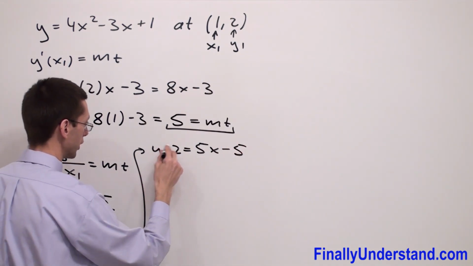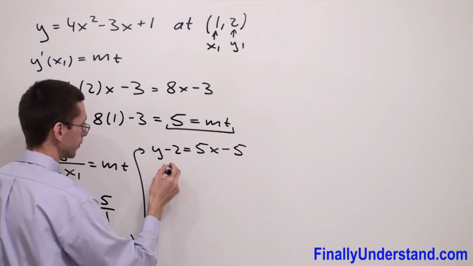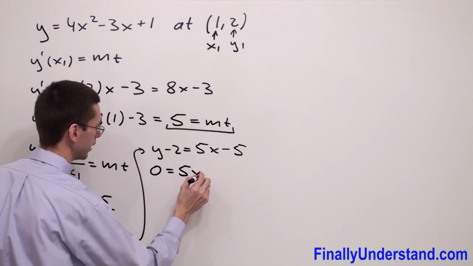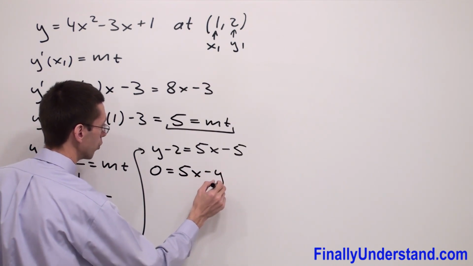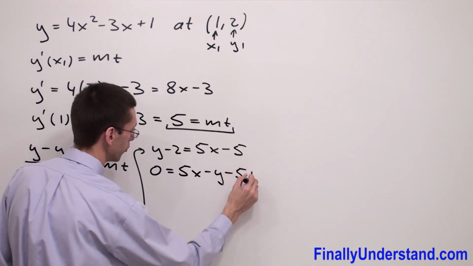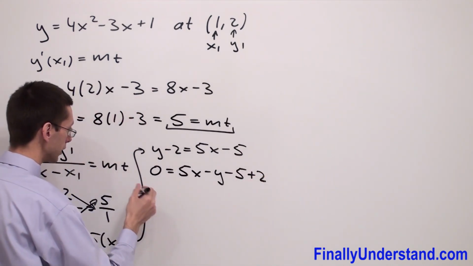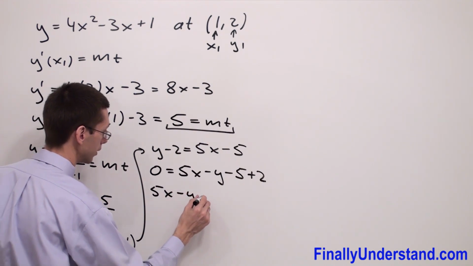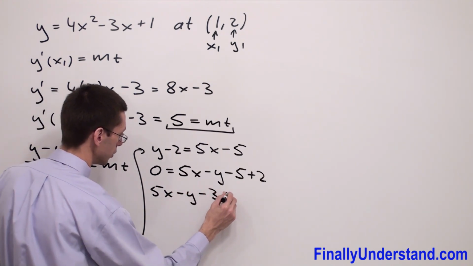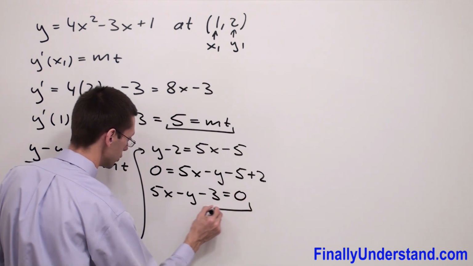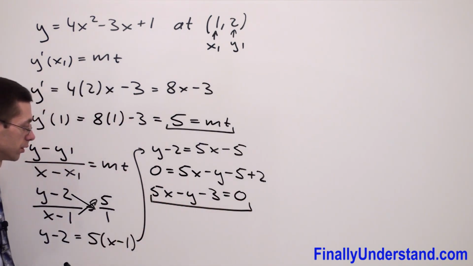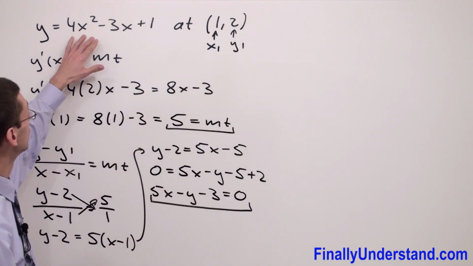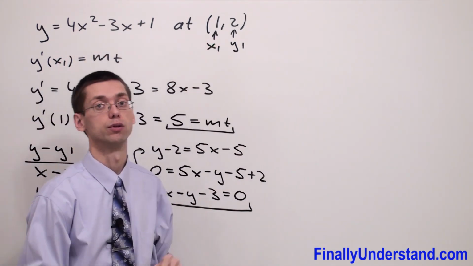I'm going to bring the left side to the right side, and I obtain 0 is equal to 5x minus y minus 5 plus 2. You can rewrite this as 5x minus y minus 3 is equal to 0. And this is the equation of the tangent to this curve at this point.